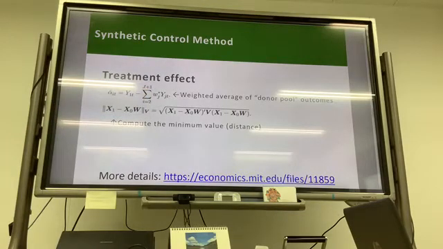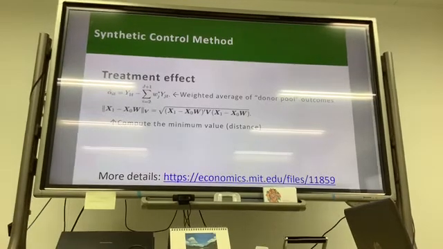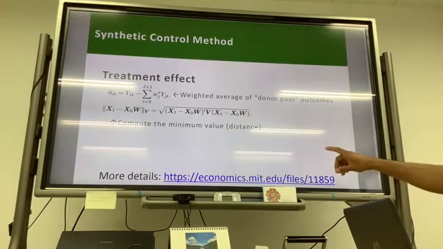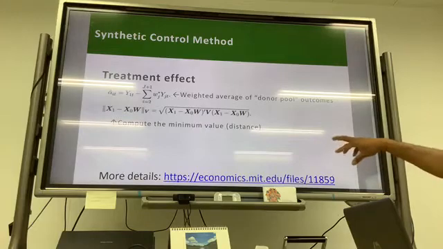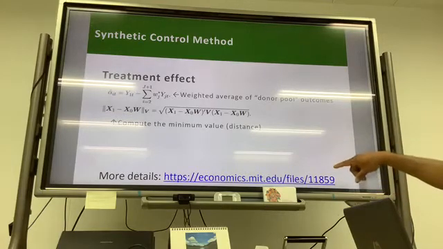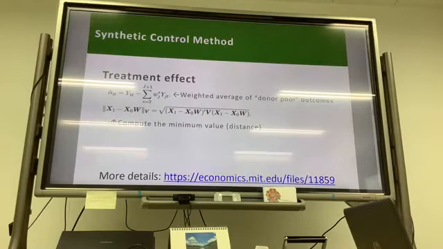And more details on this method are available here. So please refer to it when you're interested in this. I think here it's kind of a matching, like in PS matching, the distance. Distance. Yeah. Distance. Yes, kind of matching. Yes, exactly.